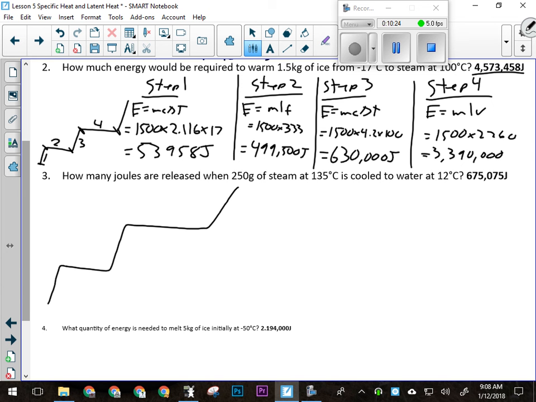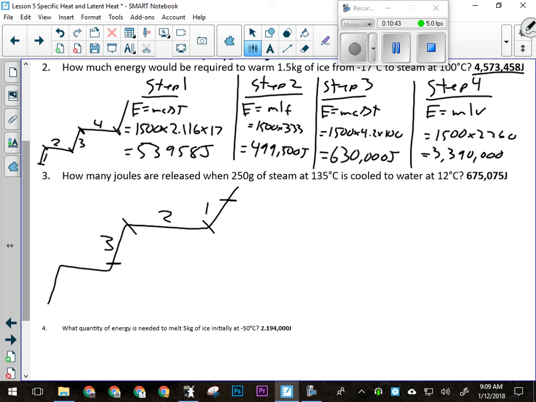All right, so we're starting with steam at 135, and we're cooling to water at 12. Okay, so that's how many steps? 3. I have to cool the steam to 100. Then it will condense, and then I will cool the water down. Okay, so that's 1, 2, 3 steps.